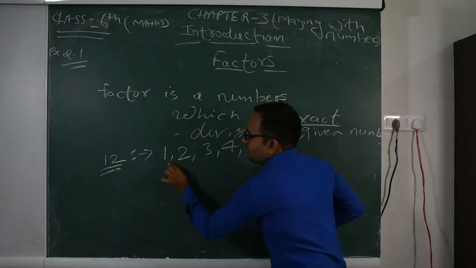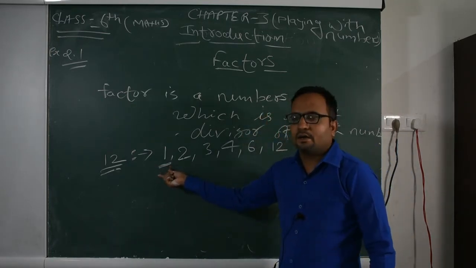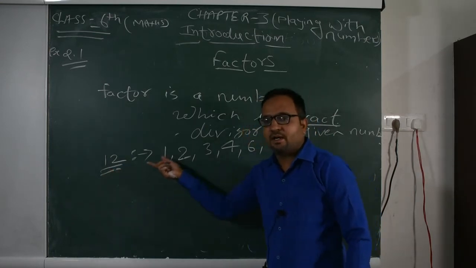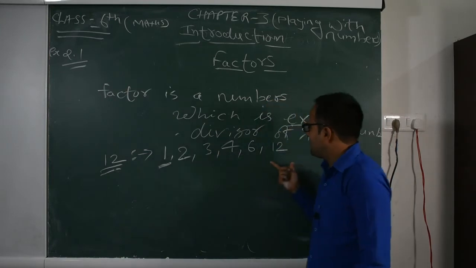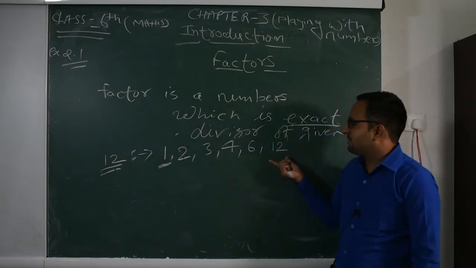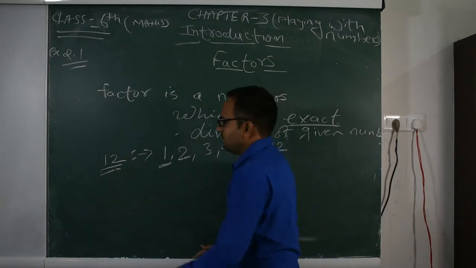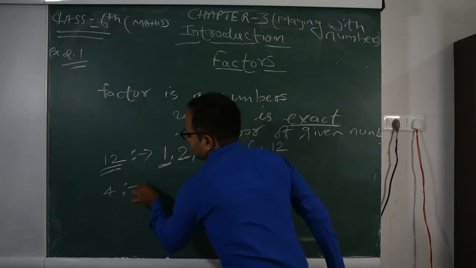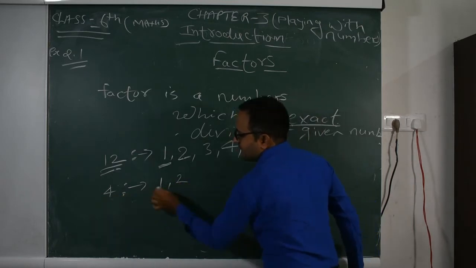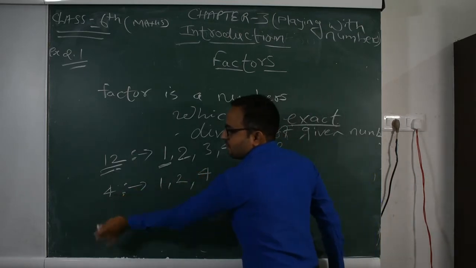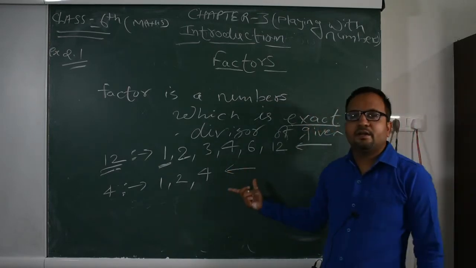So 1 is a factor of every number and 12, the number itself, is also a factor of the given number. Again, 1 four is 4, 2 twos are 4 and 4 ones are 4. So these are the factors of the given number.